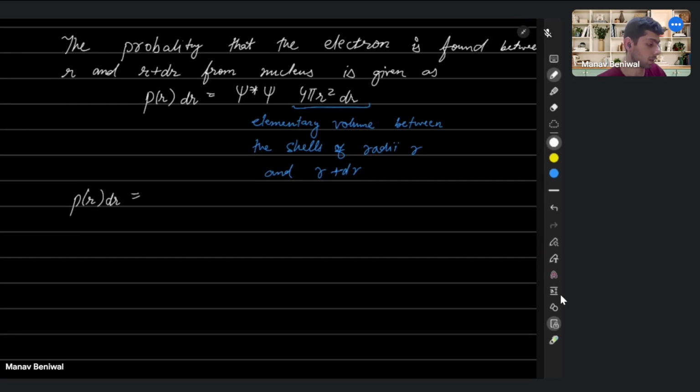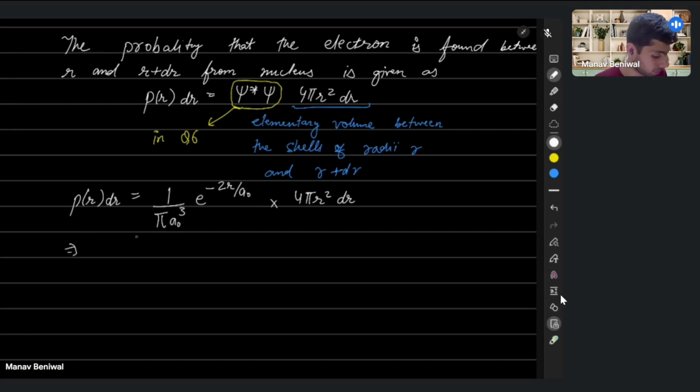So we have already computed the value of psi star psi in the previous question. Okay, we already have this value, so this is nothing but 1 over pi a naught cube e to the minus 2r by a naught, and then we multiply this thing by 4 pi r squared dr. Okay, so this basically then gives us P(r).